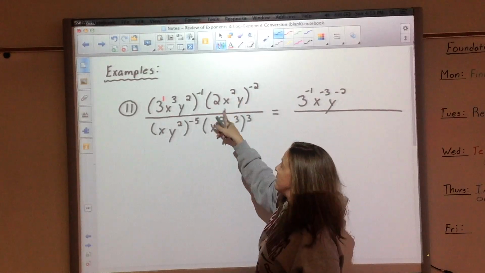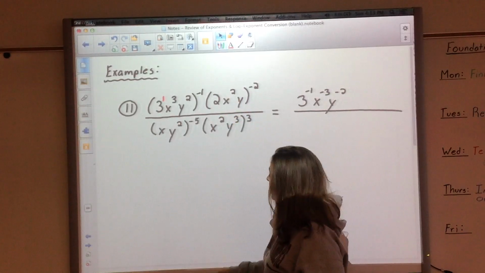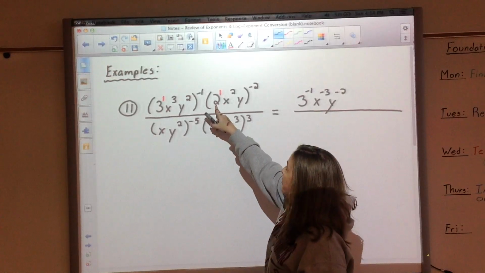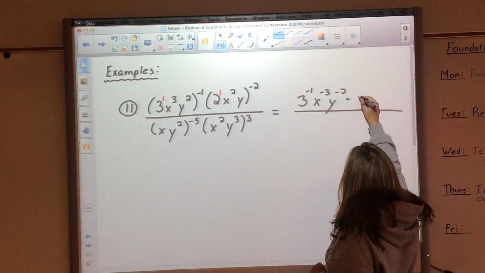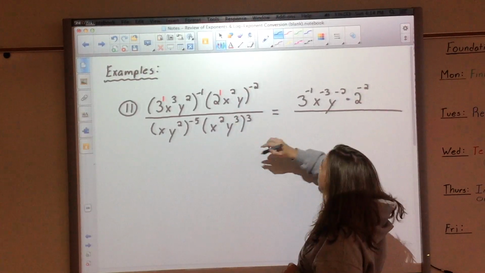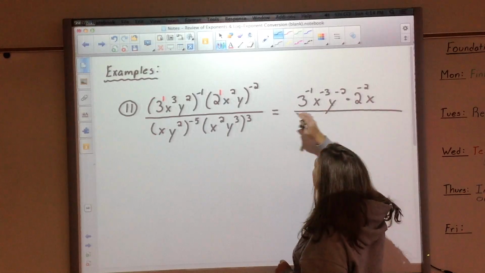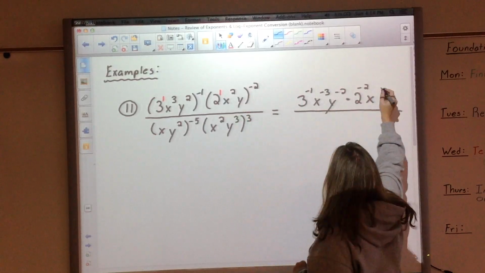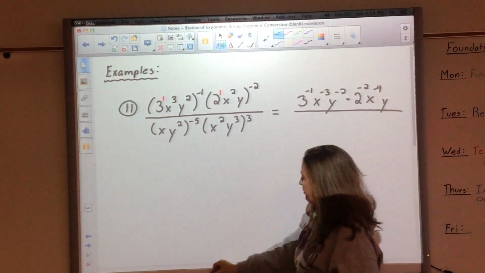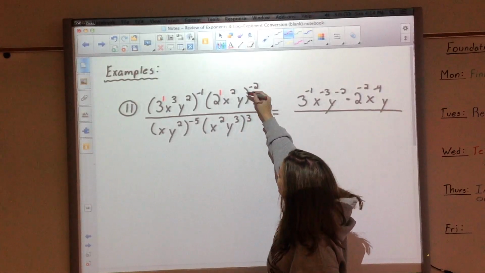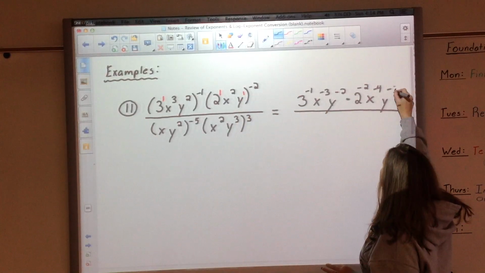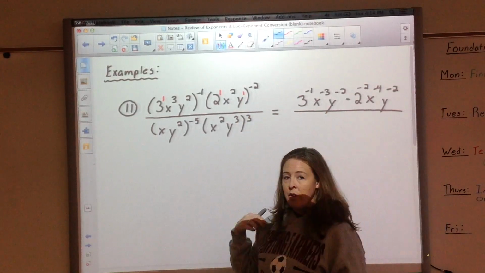Then I'm going to do the next parentheses, remembering this is an understood 1 here. So base of 2, so 1 times negative 2 is negative 2. Then our x, we have 2 times negative 2 is negative 4, and then y, this is an understood 1, so 1 times negative 2 is negative 2. Okay, so that's everything in the numerator.